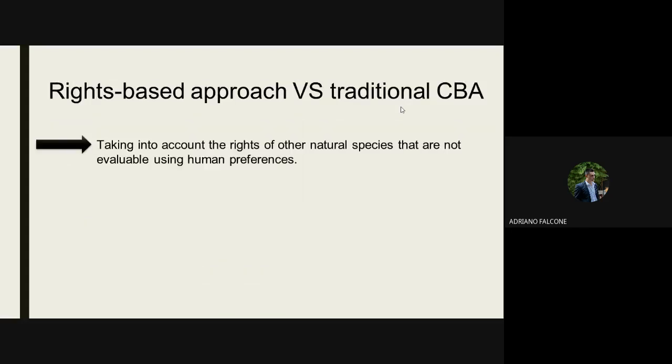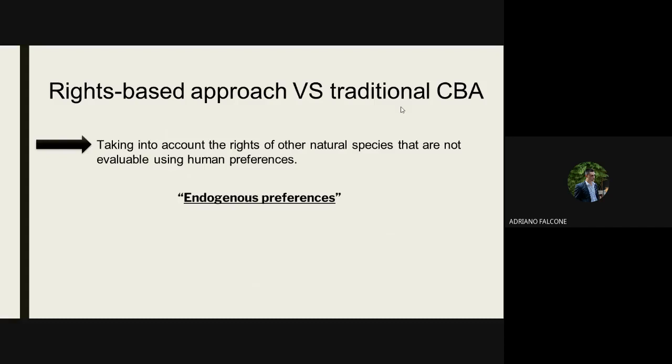And in this sense, there is the rights-based approach that is in contrast with the traditional CBA approach. And this consists in taking into account the rights of other natural species that are not evaluable using human preferences.